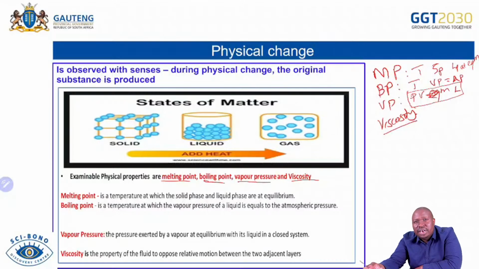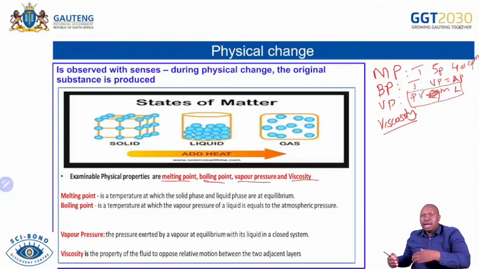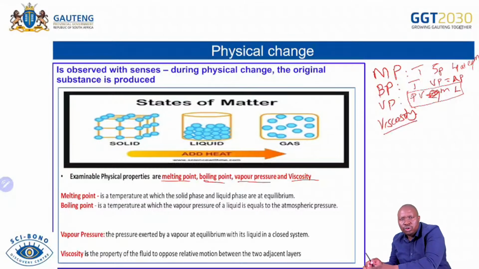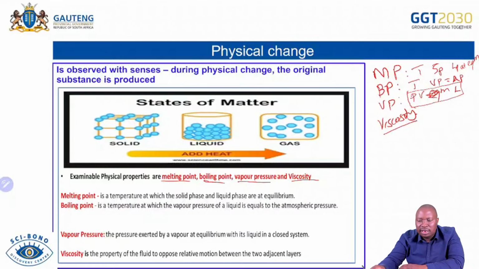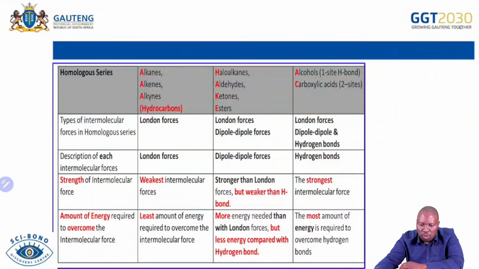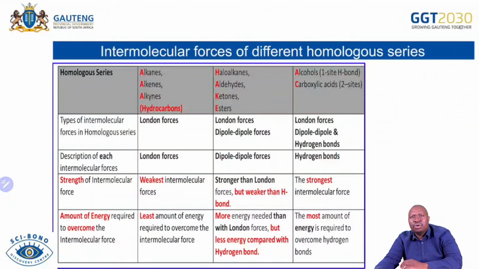You have seen we have done an equation indicating that if we have a high viscosity, then our fluid will flow slowly, because the strength of intermolecular force is higher. So you have to understand that and be able to move with that with no problem.